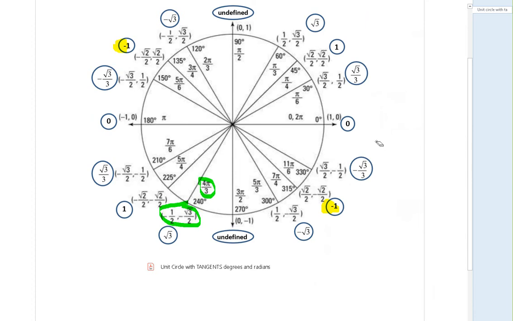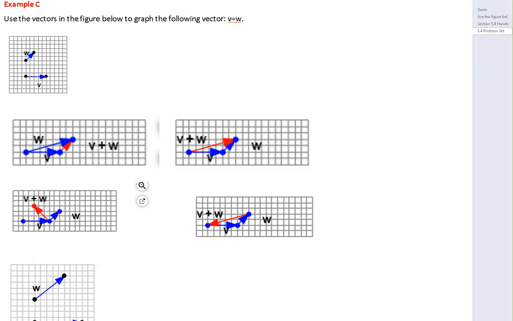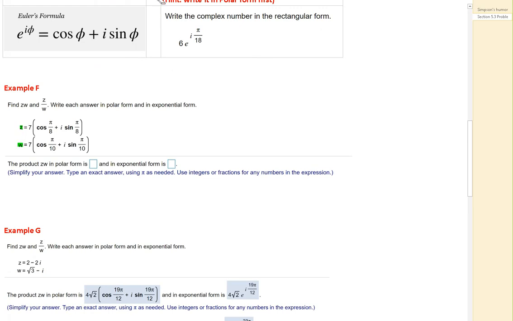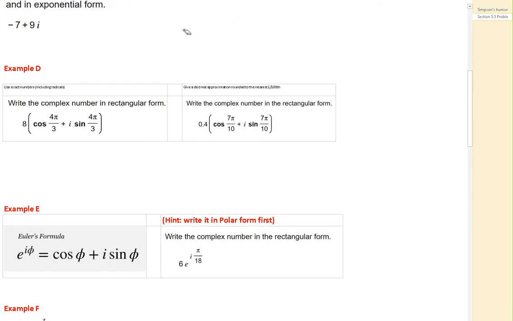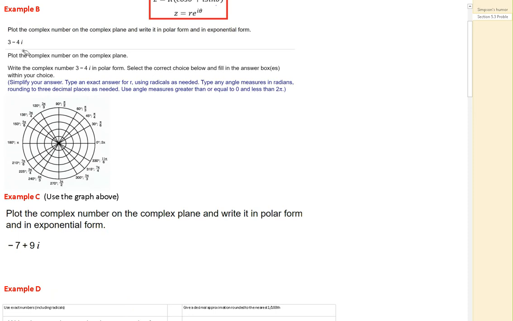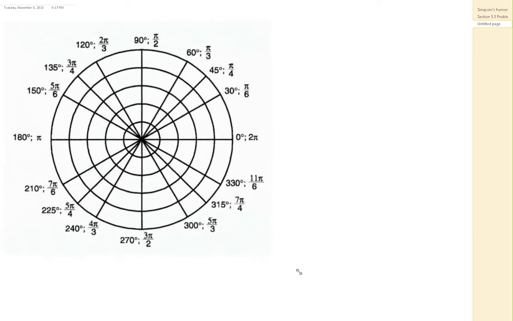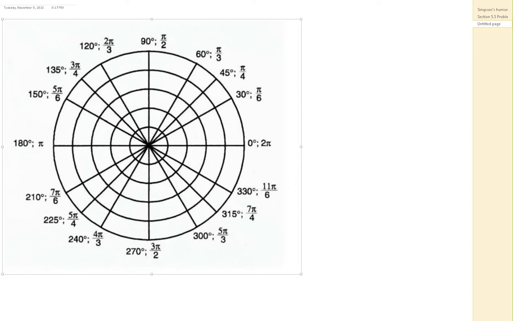So the point 5 and 130 degrees, we could put a little spot on there.